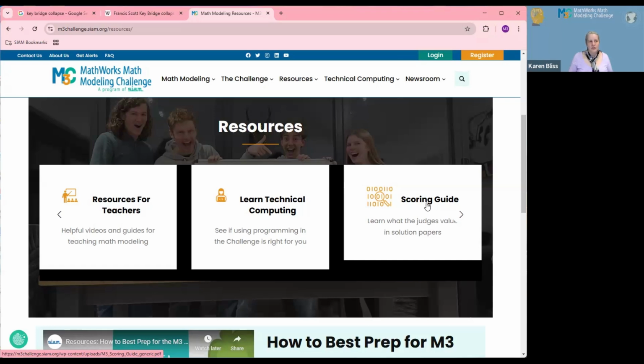I do encourage you to look this over in advance because one of the things that teams that are first timers often overlook is this executive summary. Typically you're going to write your whole paper or most of your paper, and afterwards there's a summary, and it's just the front of one sheet of paper.